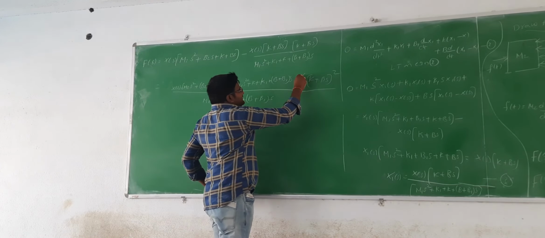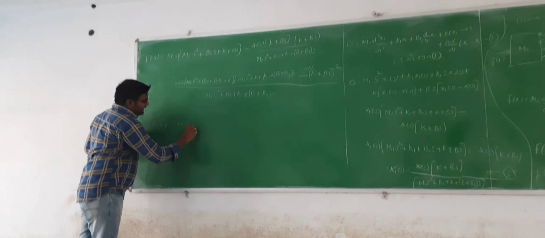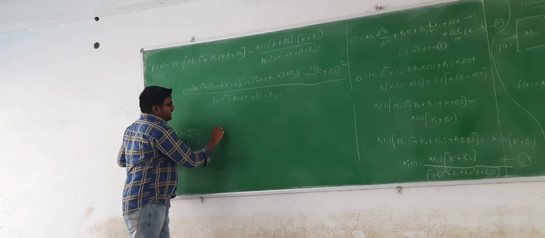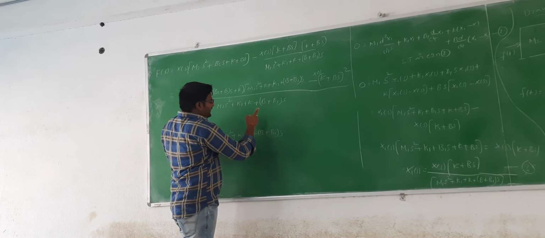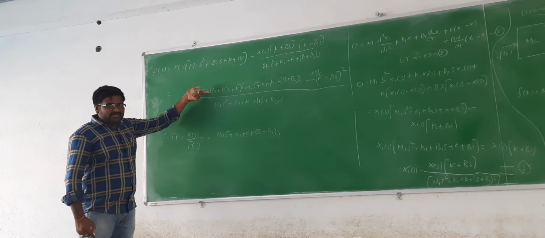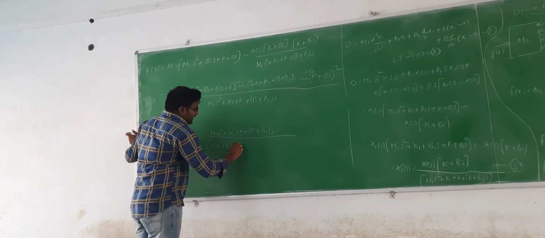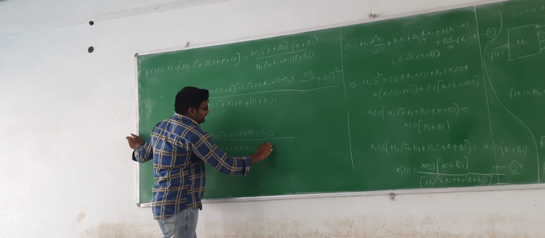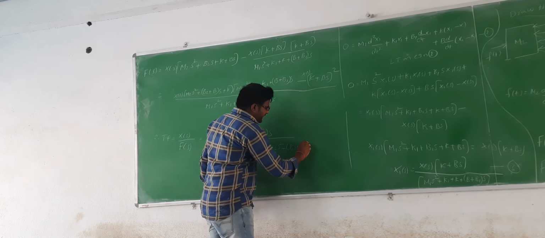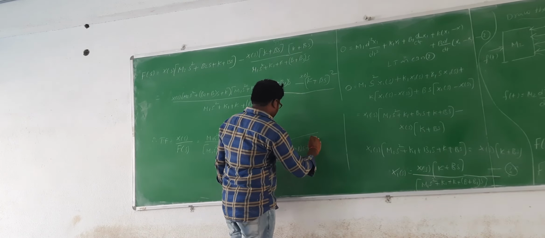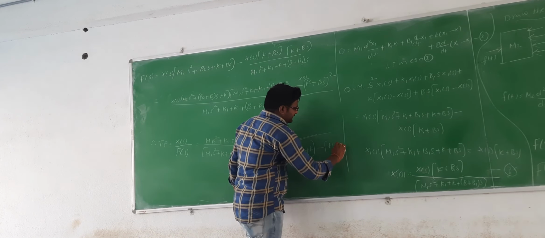So the transfer function X(s)/F(s) is equal to (m1 s² + (k1 + k + b + b1) s) divided by [(m1 s² + (k + k1 + b + b1) s)(m2 s² + (b2 + b) s + k) minus (k + bs)²].